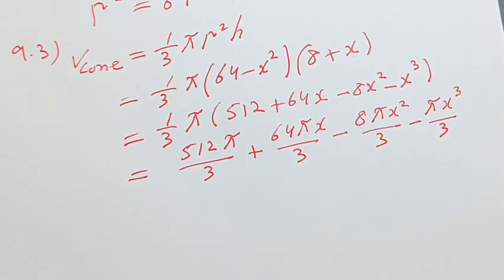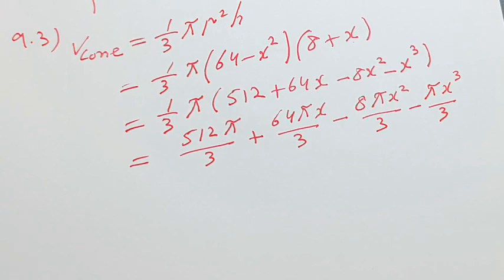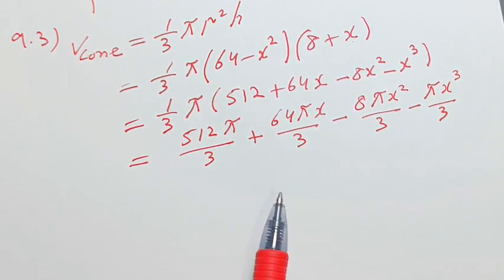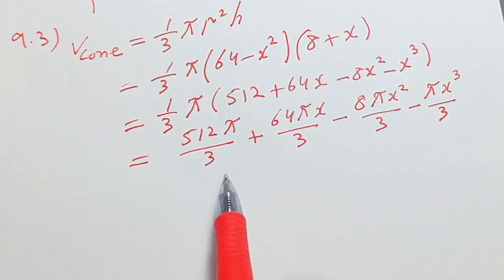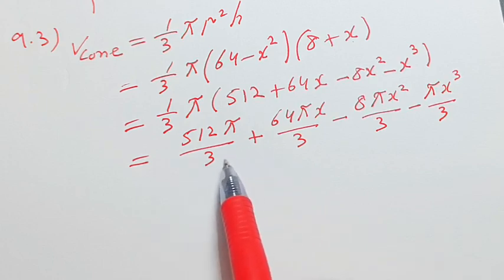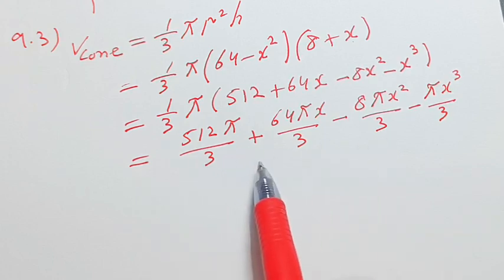Now I can see here the 3 is the denominator. I can get rid of the denominator. I multiply the whole expression by 3 to get rid of the fraction.